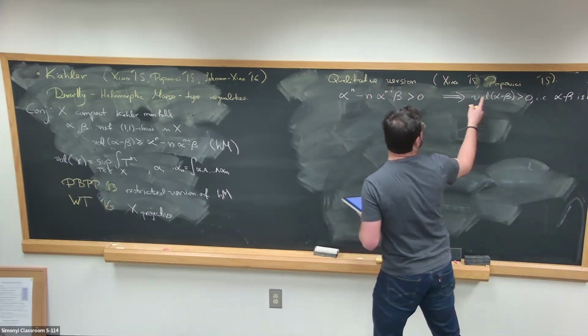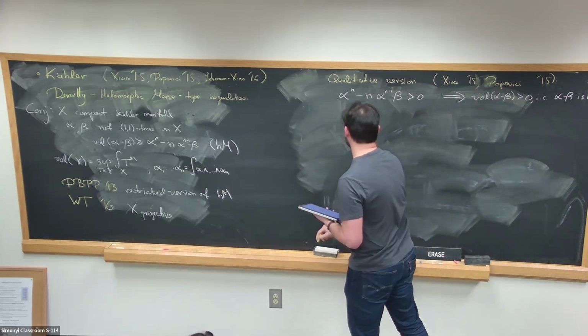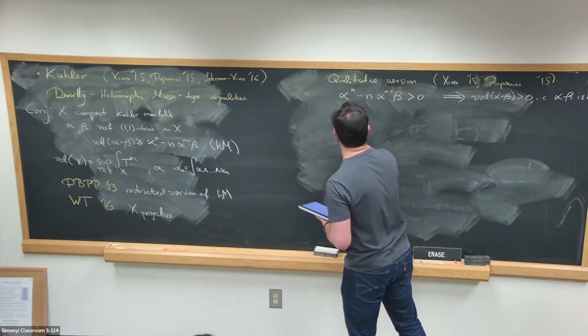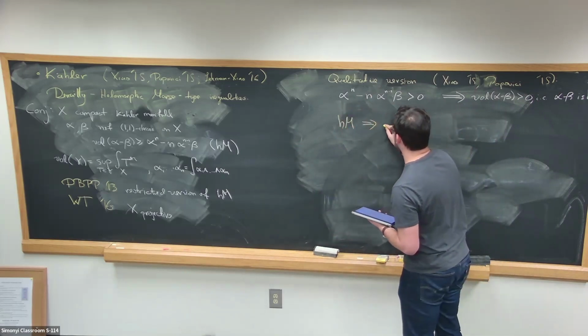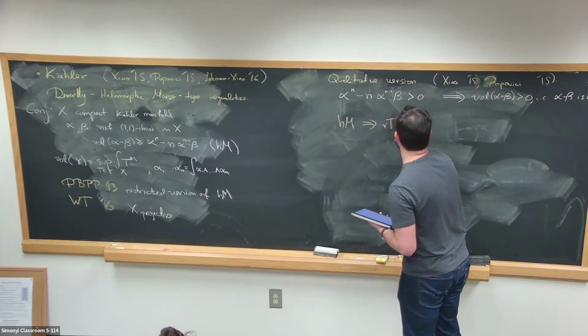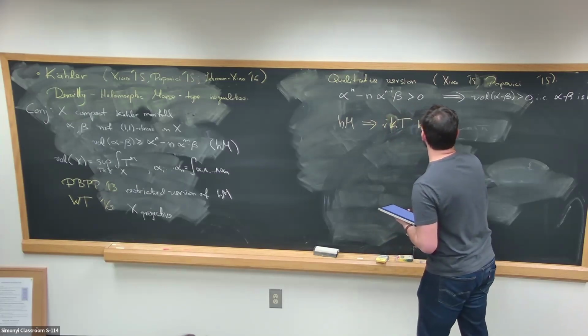This qualitative version of the holomorphic Morse type inequality, which I'm going to write as HM, implies something like reverse Khovanskii-Teissier, where k equals 1.